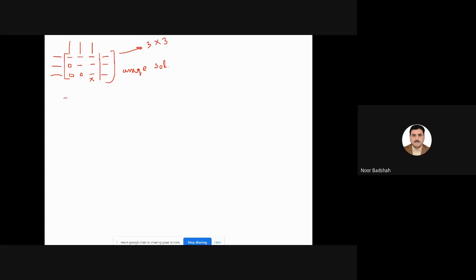Whereas in case of a matrix in this form, anything, anything, anything, and then the right side, you may have 0 here, you have anything, anything, anything, you have 0 here, you have 0 here, you have 0 here, while you have non-zero here.